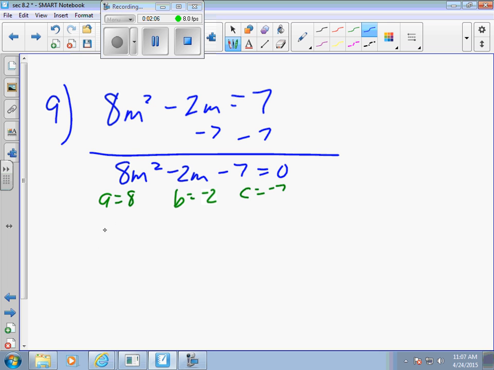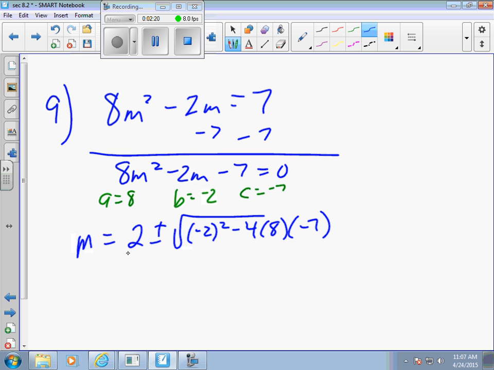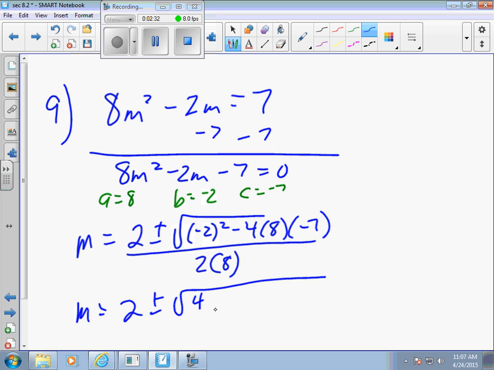Let's plug it in. I get m equals the opposite of negative 2, which is 2, plus or minus the square root of negative 2 squared minus 4 times 8 times negative 7, all over 2 times 8. Simplifying, I get 2 plus or minus the square root of 4.